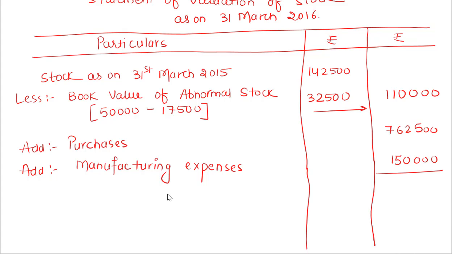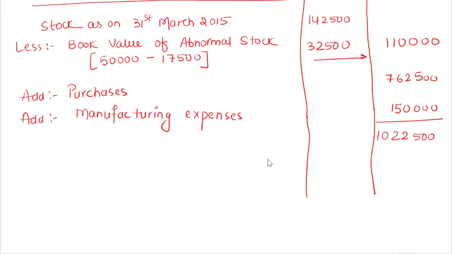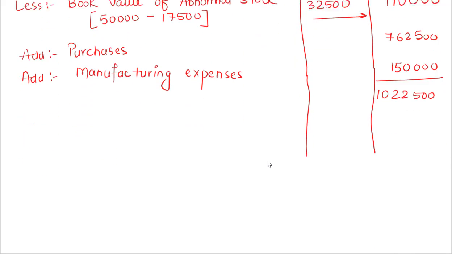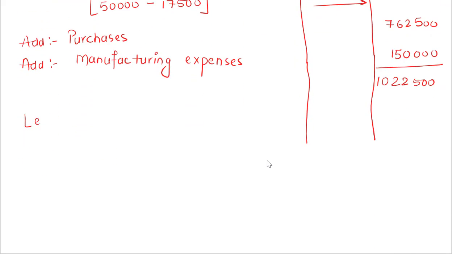Just add these three figures: 1,10,000 plus 7,62,500 plus 1,50,000 equals 10,22,500. We need to deduct cost of sales from the value of stock.